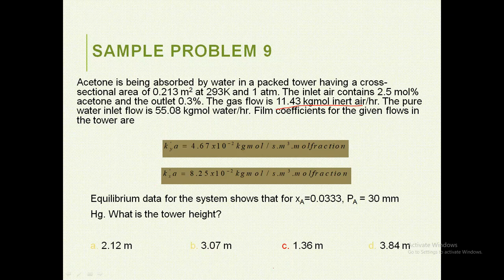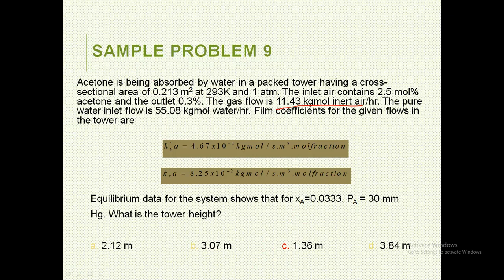Actually, you could see already that letter C here is highlighted. Actually, this is the height of our column. It's 1.36 meters. Now, as to the procedure that I'm going to show you on how to find this value, there are 5 different procedures, all of which have their advantages over the other. But of course, you have to take note that this is gas absorption.